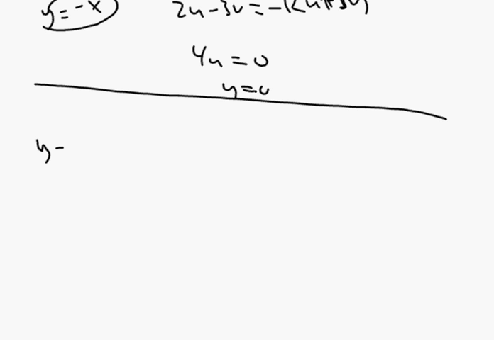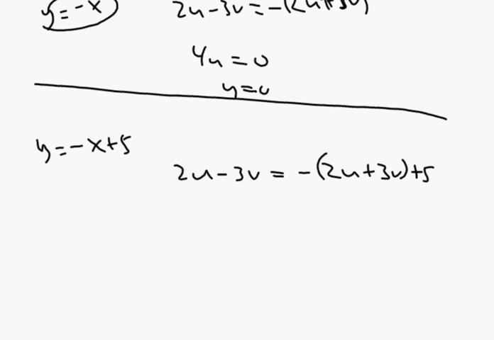If you do y equals negative x plus 5, we end up with 2u minus 3v equals the negative of 2u plus 3v, plus 5. That looks a lot like the equation above it, except this is plus 5 on the end. So you end up with 4u on the left, but 5 on the right instead of 0. So u is 5/4.